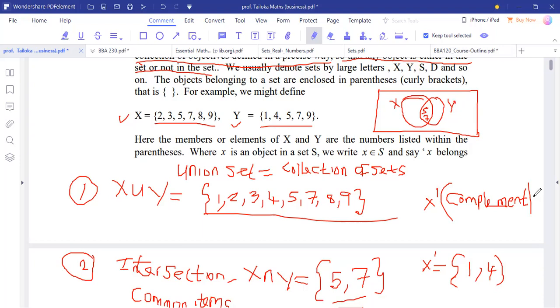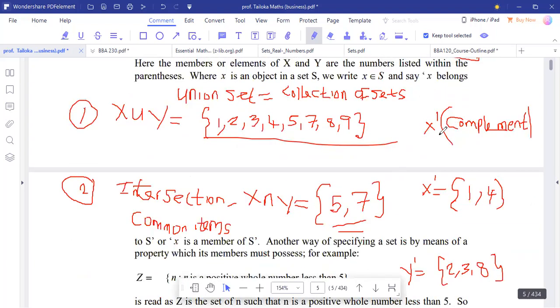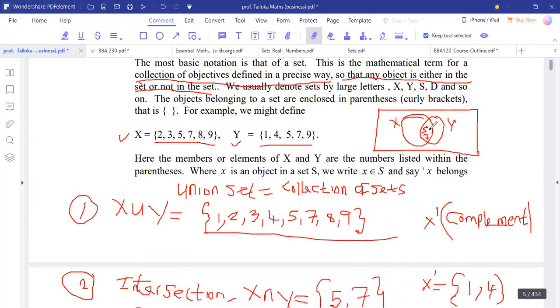Now, what goes on after that? We now look at what is remaining. For X, what is remaining there? It is a 2. So we can put 2 there. There is also a 9 on the intersection set.